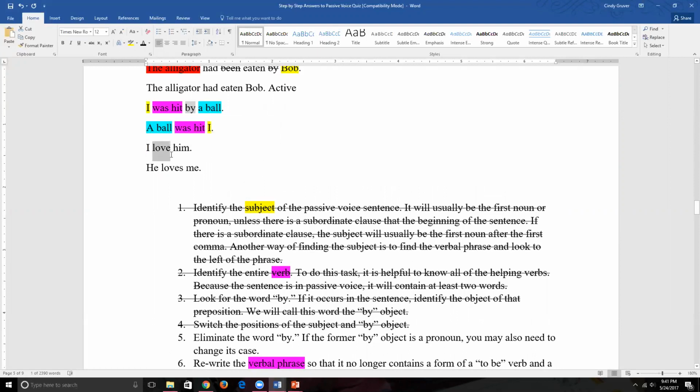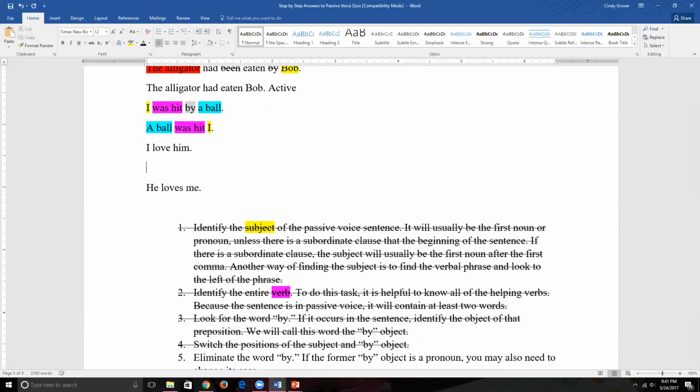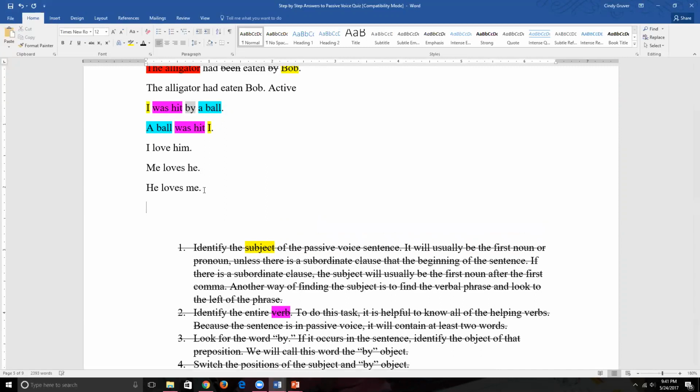But we know from word order that word order is important in English. So for example, this would sound weird if I say, me love he. Or how, yeah, me loves he, for example. Or how about this? Him loves I.